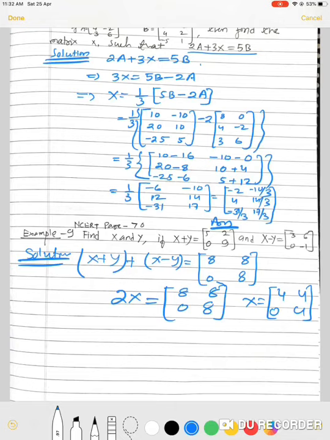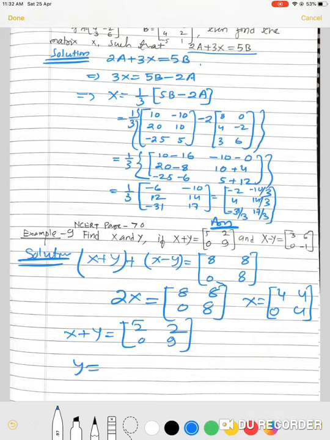Now we put the value of X in equation number 1. X plus Y is equal to 5, 2, 0, 9.